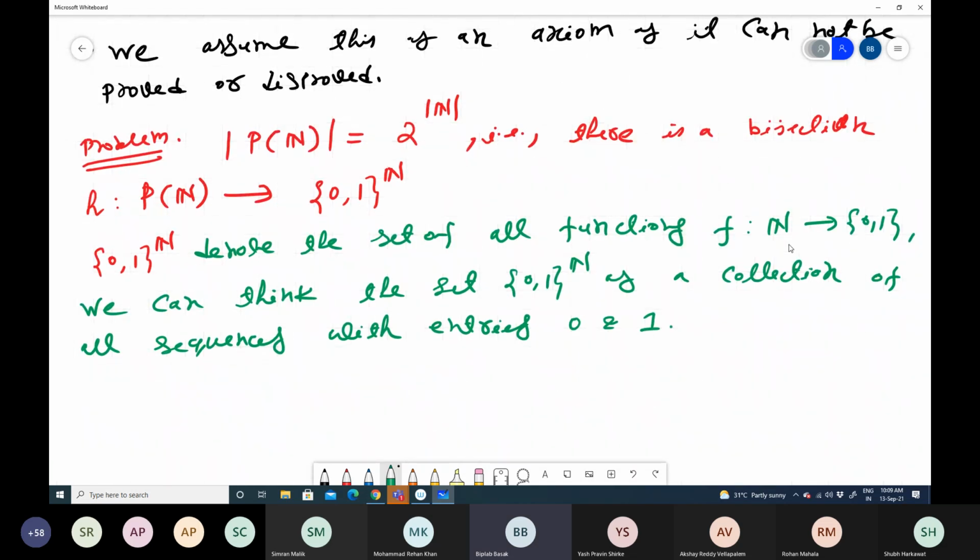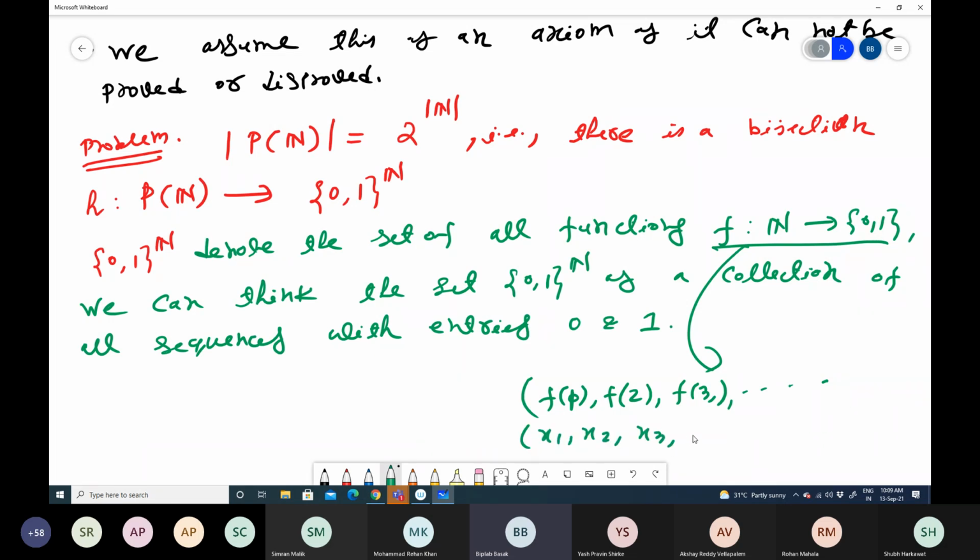Why? Because if you have a function, for example, f(1), f(2), f(3) and so on, that means you have some x1, x2, x3, where each xi belongs to {0,1}. So the set of all functions from the natural numbers to {0,1} can be treated as the set of all sequences with entries 0 and 1.